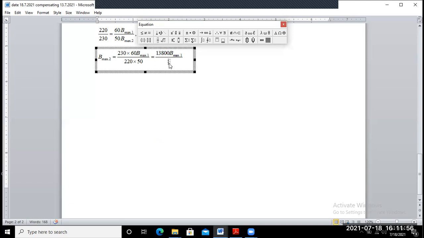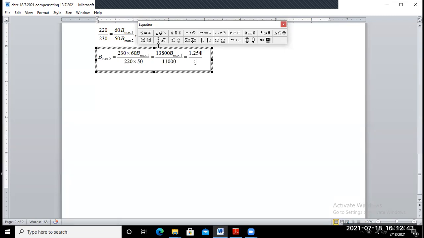Now 220 into 50 means 11,000. So if you divide 13800 by 11,000, you will get the value 1.254.